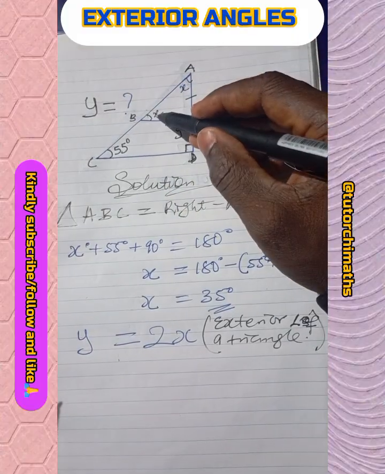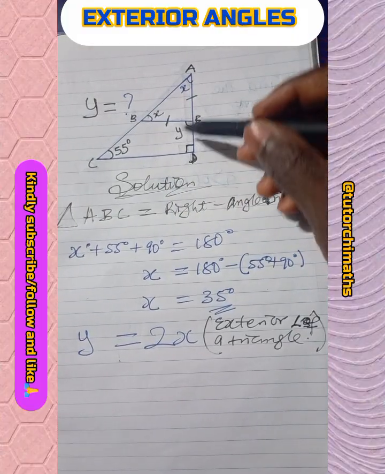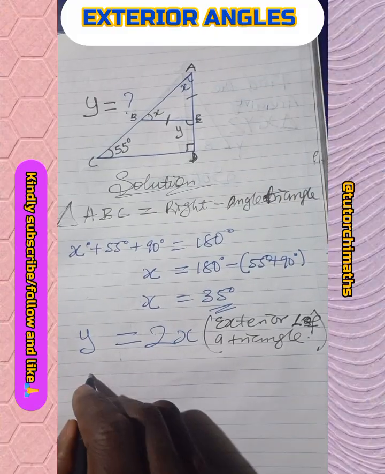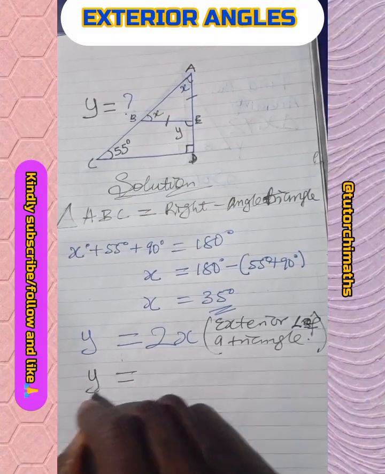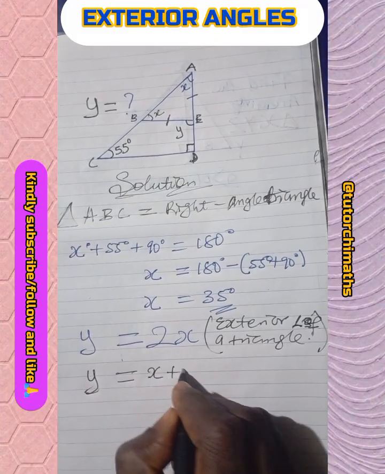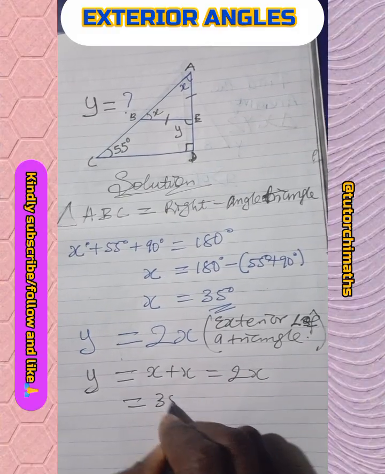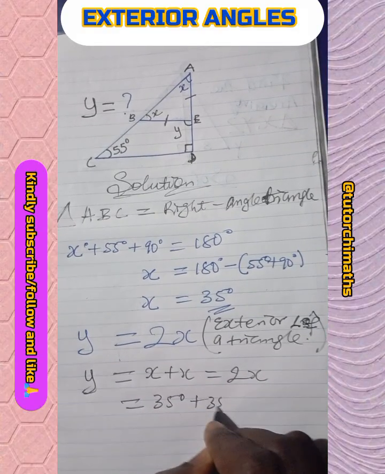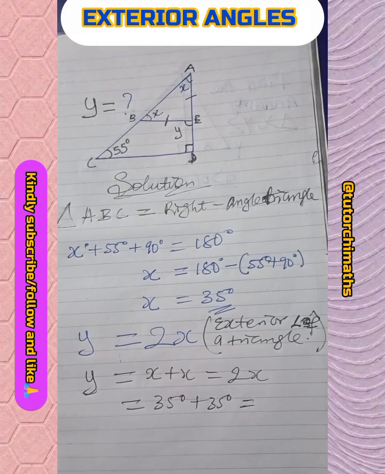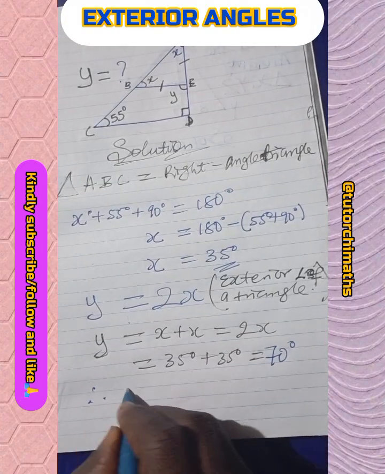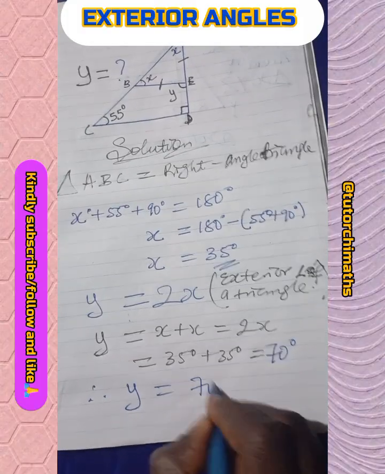This is x, this is x, base angles of an isosceles triangle. So this y will be the sum of the opposite interior angles. That is why we have 2x, x plus x, which is the same as 2x. So this is 35 plus 35, we have 70 degrees. Therefore y is equal to 70 degrees.